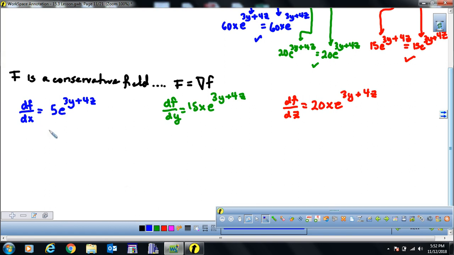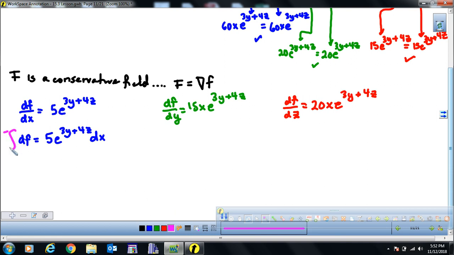Okay, we're going to start by getting the integration of this. So the derivative of some potential function equals 5 times e to the 3y plus 4z times dx. So we're going to integrate it with respect to x. The integration of this constant with respect to x is just 5x times e to the 3y plus 4z.